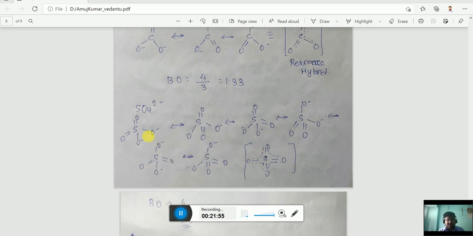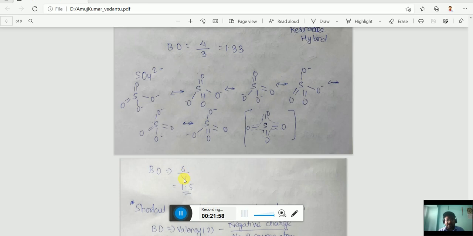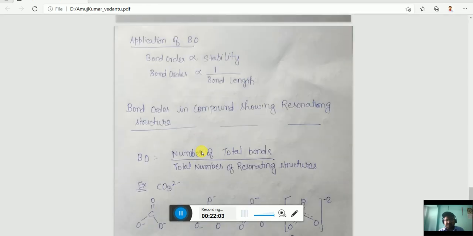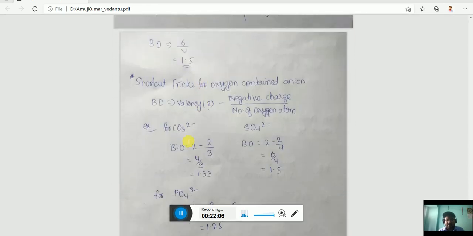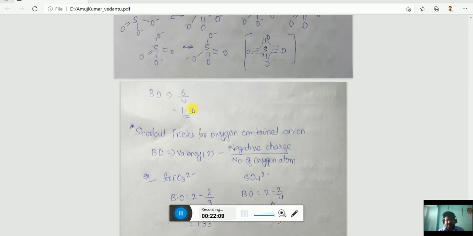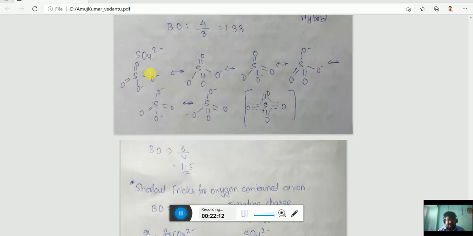Here in the case of sulfate, the total number of bonds will be 6: 2 for O, here 2 bonds, 1, 1, total 6 bonds. And there are only these 4 distinct resonating structures, as these two are similar. Hence the total number of resonating structures in case of sulfate ion will be 4, and the bond order will be 1.5.